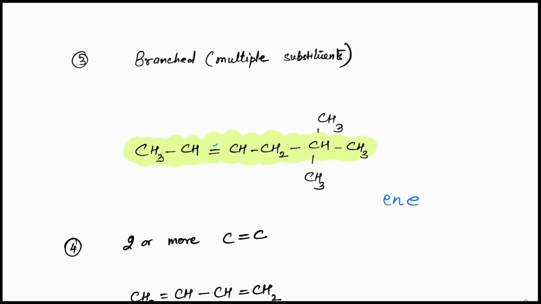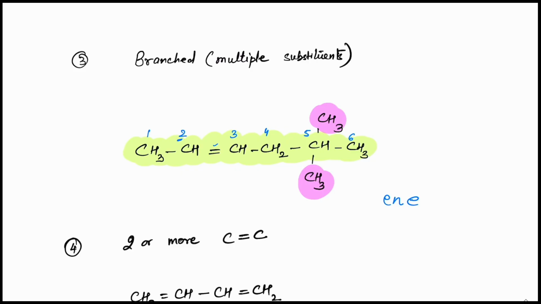You could also go to the top or to the bottom, but both of them are of the same length as this one. Now let's find the positions of the substituents and the carbon-carbon double bond. If you number from left to right, the double bond will be at carbon atom 2 and the substituent will be at carbon atom 5.